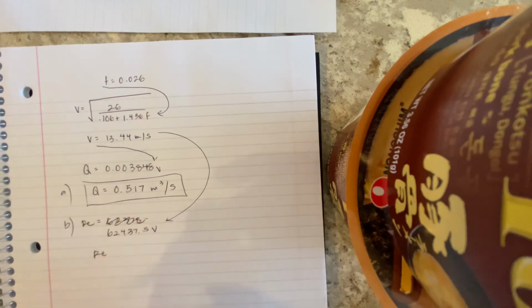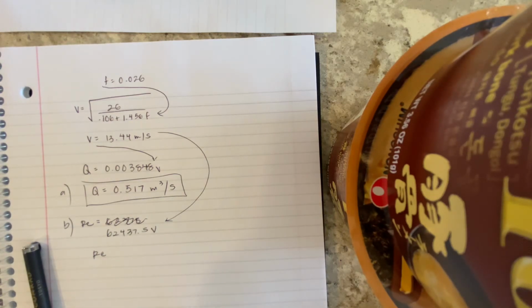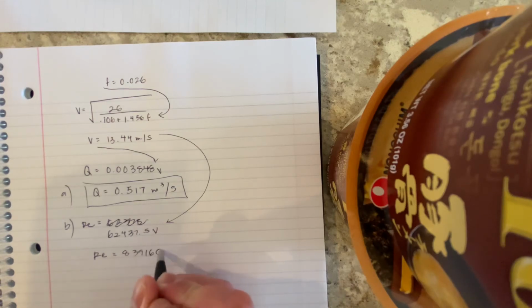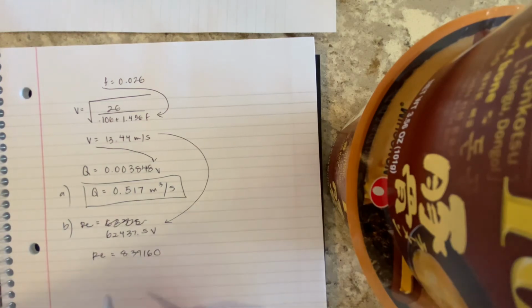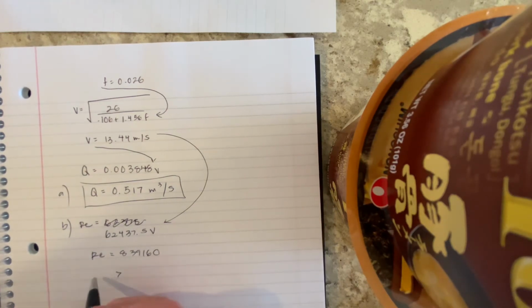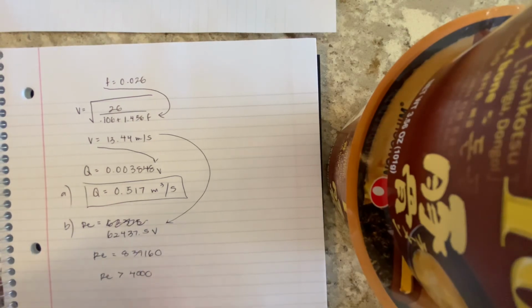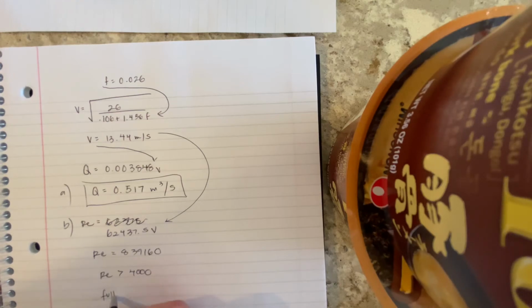Re is equal to 62437.5 times 13.44. Then Re would equal 839160. And since that number is greater than 4,000, it concludes that it is fully turbulent.